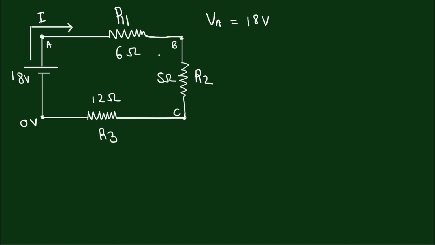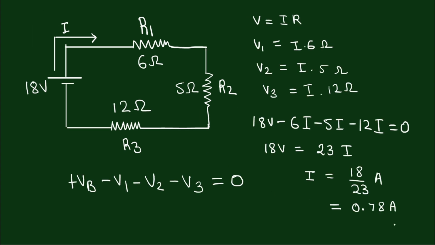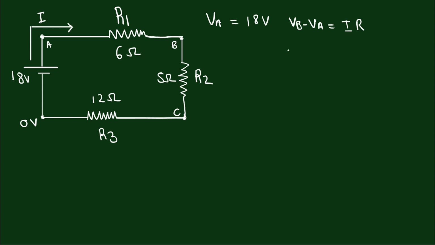Now we need to find the potential difference across points B and A. So VB minus VA is equal to IR. We have already calculated I to be 0.78 ampere. So this will be negative since it is a resistor.